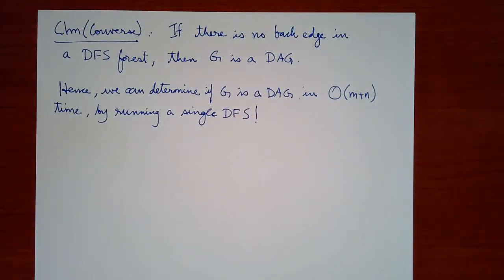And this is very important. If there's nothing else you take away from today but this, I would still consider that I've done something useful. I've taught you something useful. Run DFS, check if there's a back edge. If there is no back edge, then G is a DAG.